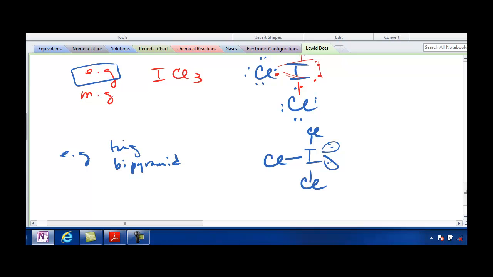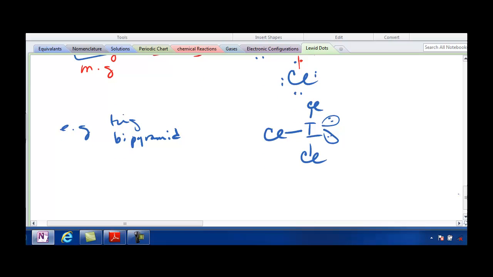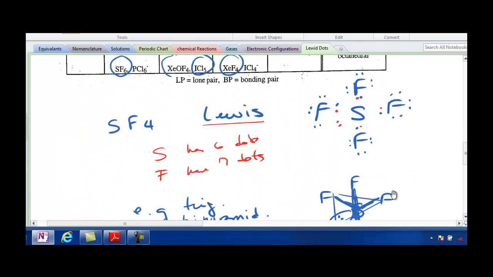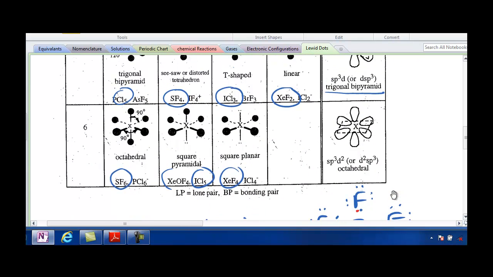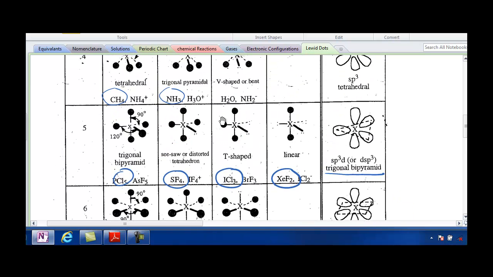But do I see a trigonal bipyramid? No. I only see that Cl, that Cl, that Cl, and they're pointing where? That's like a T. That's my T. So it's T shape. Are we okay with T shape? So I'm going to go back to my table. And ICl3 is T shape.